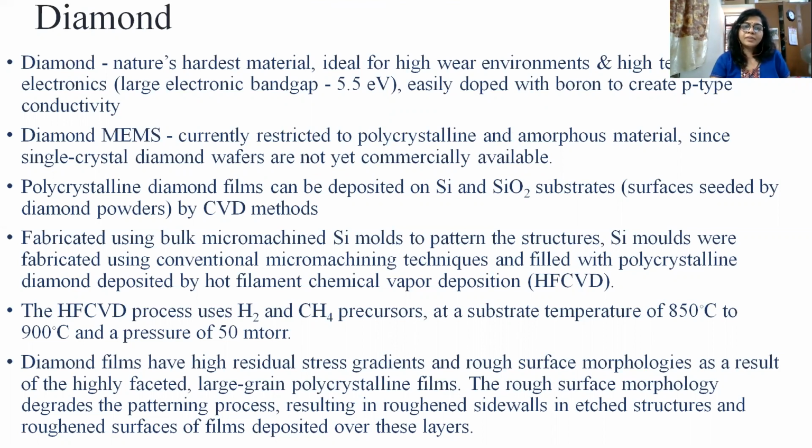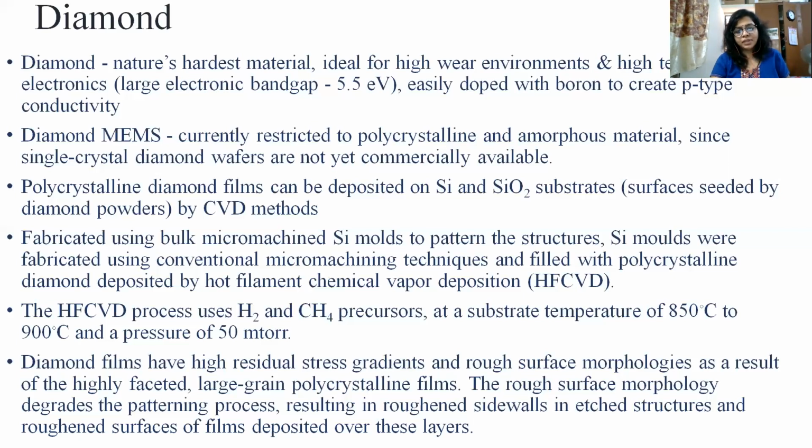Polycrystalline diamond films can be deposited on silicon and silicon oxide substrates by CVD. Structures are fabricated using bulk micromachined silicon molds to pattern the structure. Silicon molds were fabricated using conventional micromachining and filled with polycrystalline diamond deposited by hot filament HFCVD.